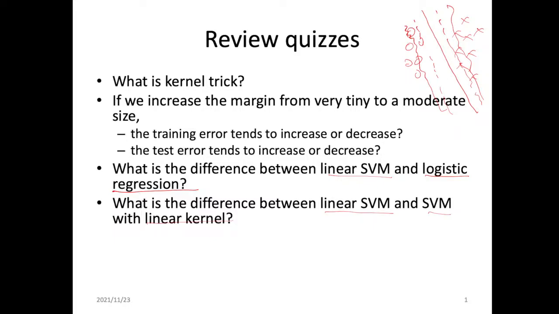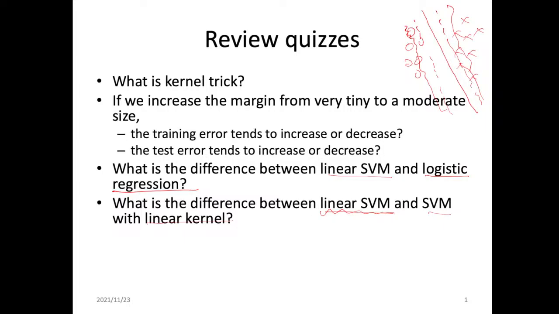But they are different in the sense that when we say linear SVM, usually, just like logistic regression, we try to find the W's or thetas directly. So at the predicting phase, we still use a linear combination of the features and the parameters. It's essentially the inner product of the features and the parameters, and we use that for prediction.